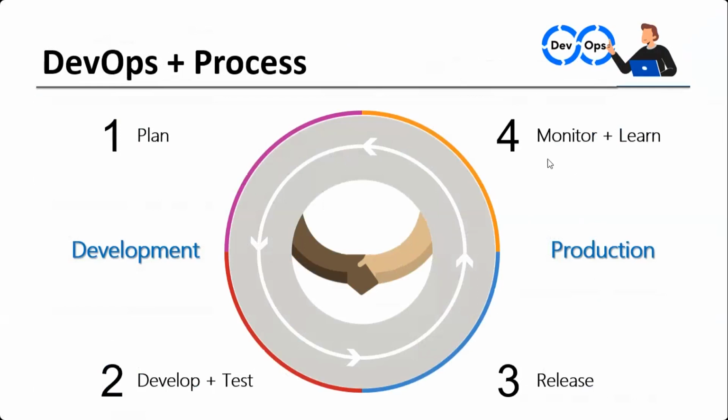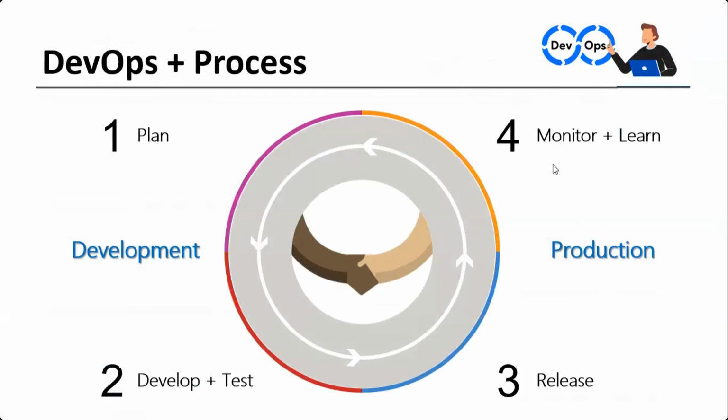Okay, lastly is monitor and learn. Once the application is in production, continuous monitoring is very important to track performance and user experience. The monitoring tools will collect data on various metrics such as the application uptime, as we mentioned earlier, the response time and the error rates.